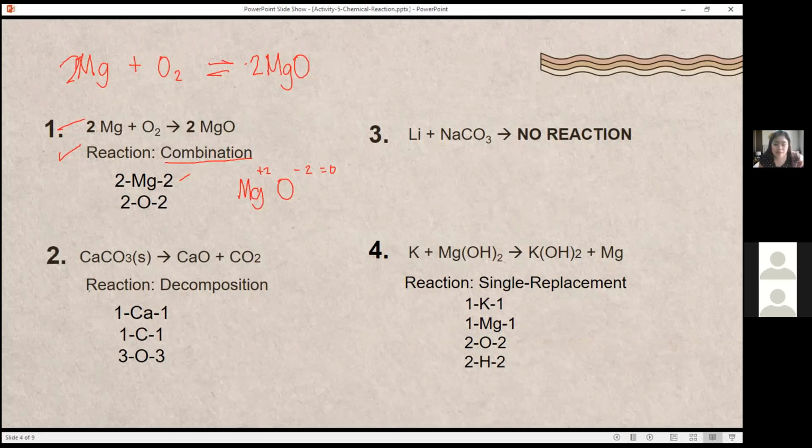So prepare your index cards and your periodic table.